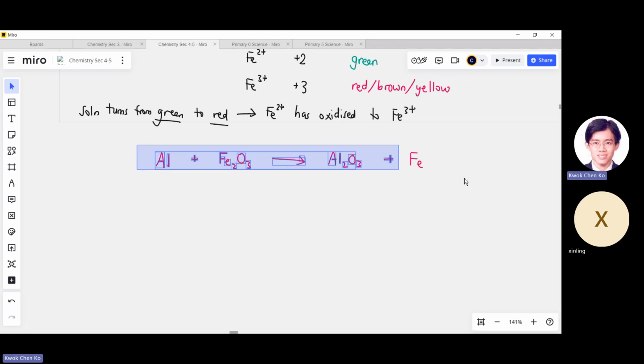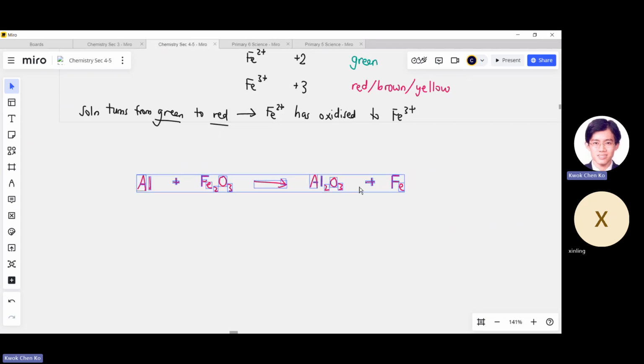Figure out who is oxidized and who is reduced. Or is it even a redox reaction? The question tells you to work out the OS, so you can't use other methods.